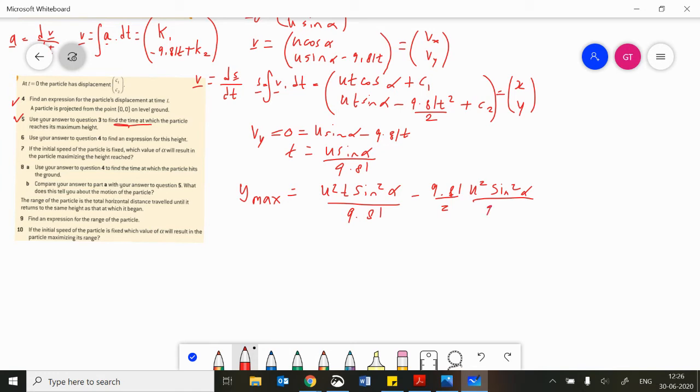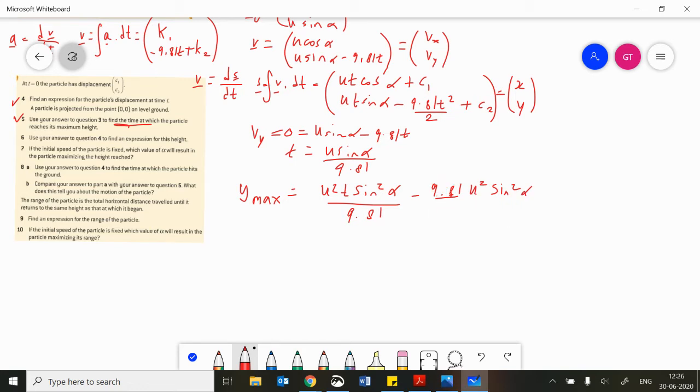So we've got 9.81 squared, and again, I'm just going to make things a little bit quicker here by cancelling one of those 9.81s with the one on top. Okay, so this here is going to simplify to u squared sine squared alpha divided by 2 lots of 9.81.